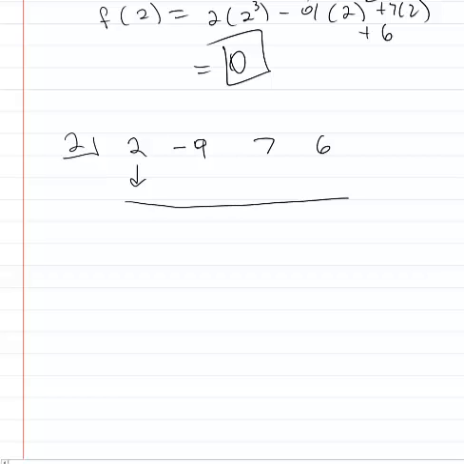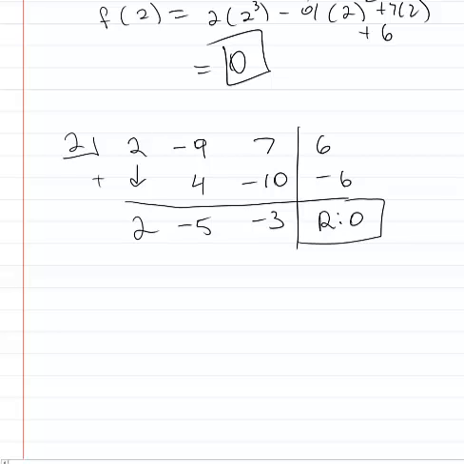So we drop down the 2, we multiply, we add, multiply again, add, multiply, add, and you see the remainder is 0, so that means we found the right root. Okay, so now our polynomial breaks down into 2x squared minus 5x minus 3.